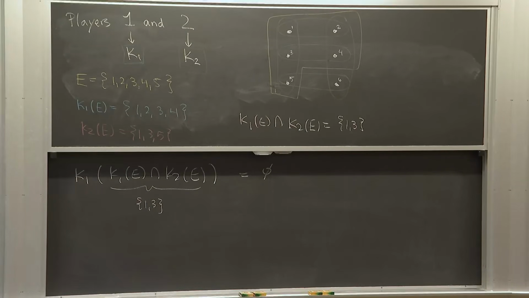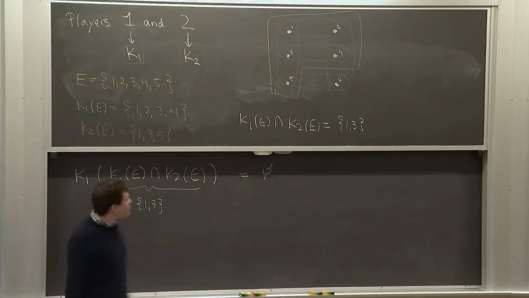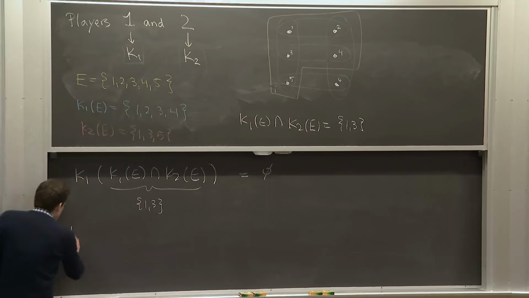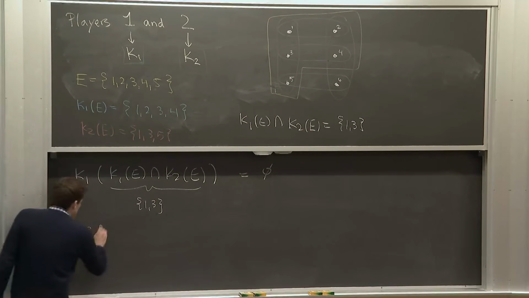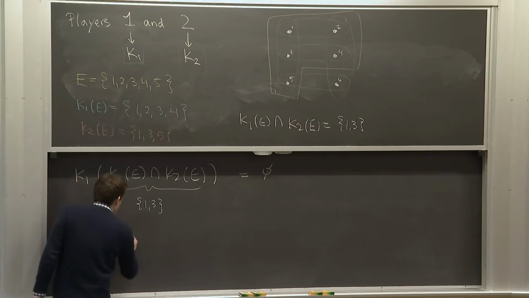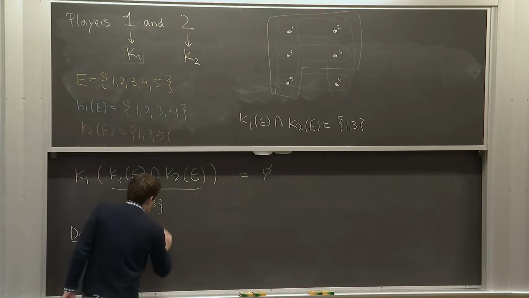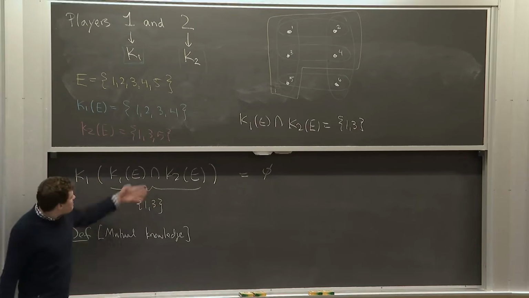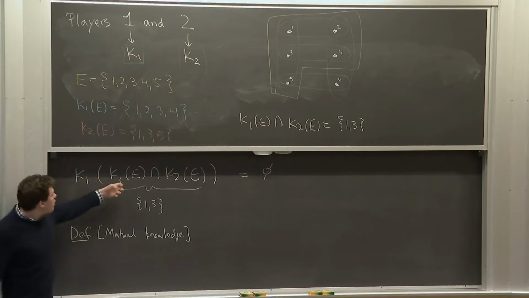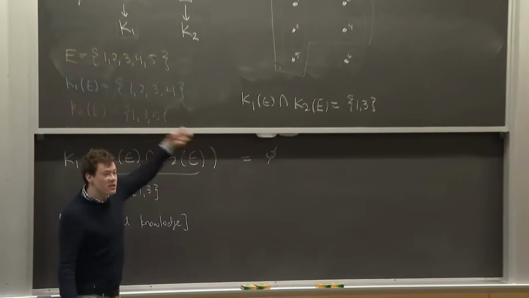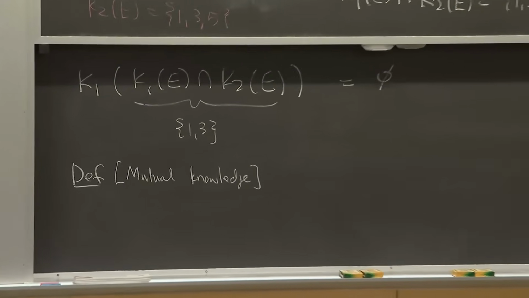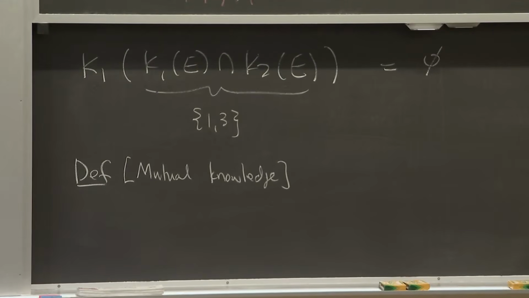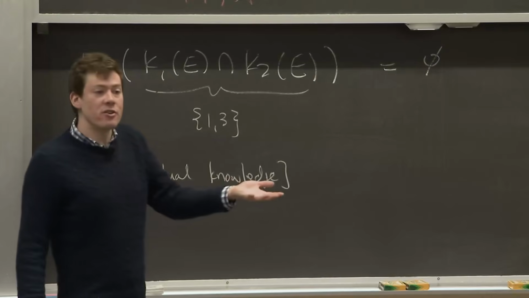Okay? And in fact, this motivates one more definition. Let's define what we might call mutual knowledge. So it gets a bit messy to keep talking about, do I know that player 1 knows something and player 2 knows something and player 3 knows something? So let's just introduce notation for the event that everyone knows that some event has occurred.